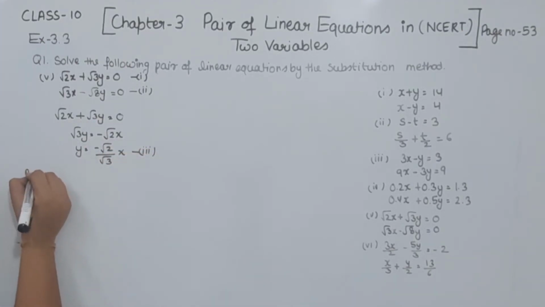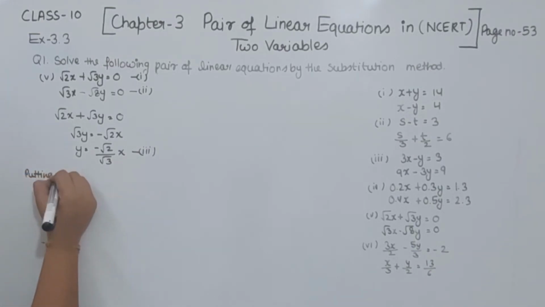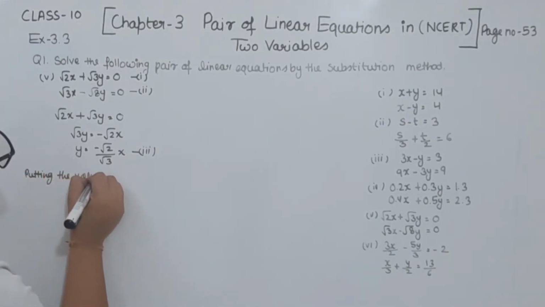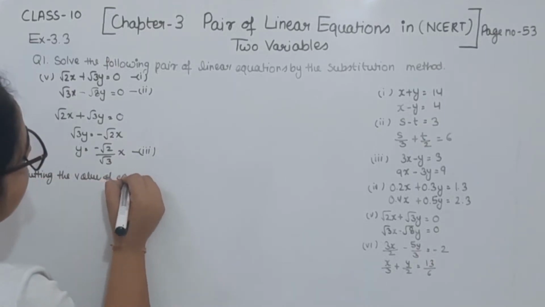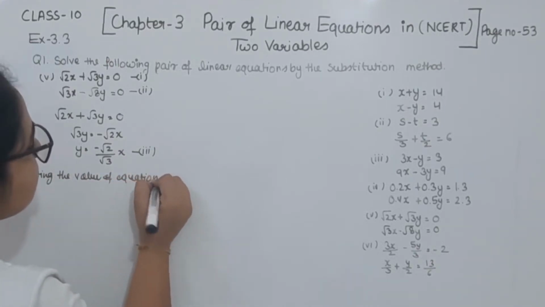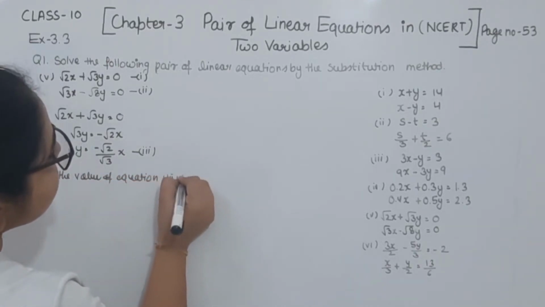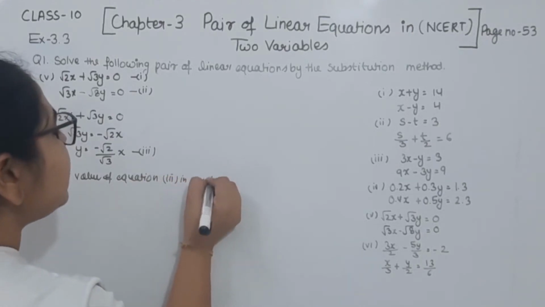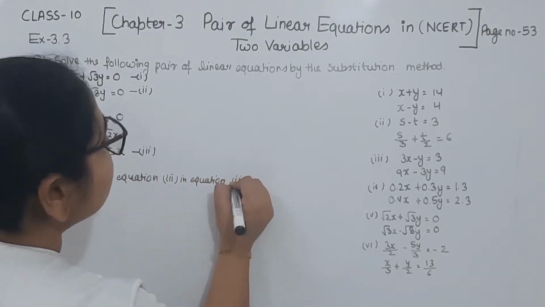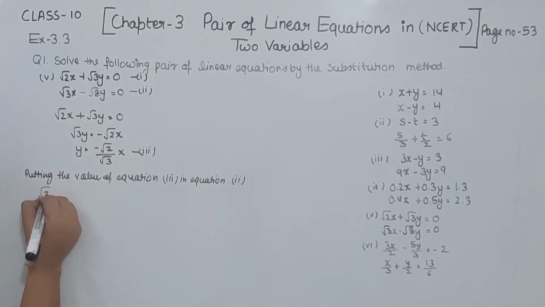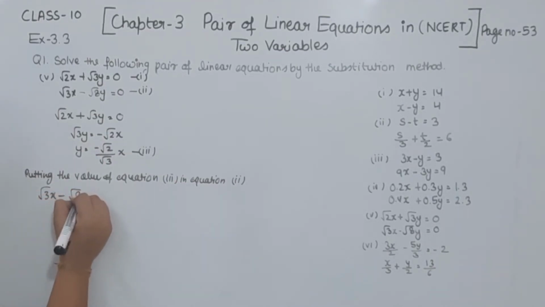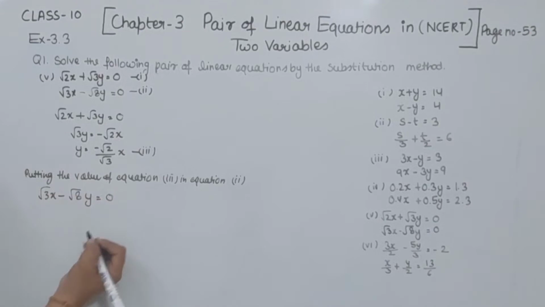Now we are going to put this in equation number 2. So I am going to write here, putting the value of equation 3 in equation 2. In equation number 2 we have root 3x minus root 8y equal to 0.